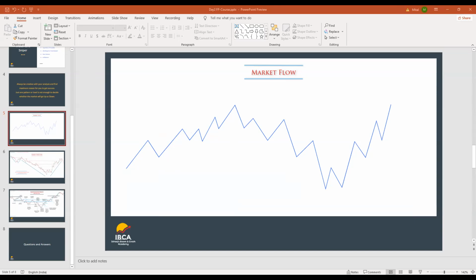Now, what you need to watch is this area, the previous market structure high, which was this. If you draw a line, you need to be observant about the market flow. When you see the impulsive move break the previous market structure high, that means you are in an uptrend, correct? And you will wait.